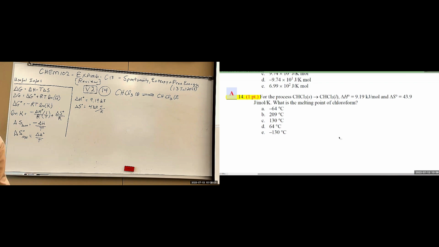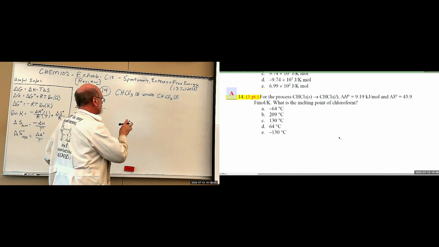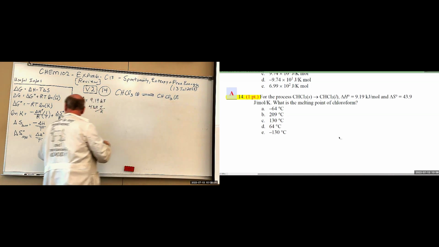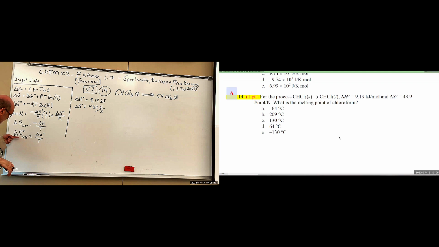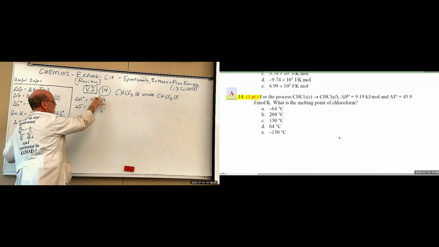Okay. Oh, we've done one of these before, right? If this is a melting point, it's at equilibrium, which means we're looking at the system here. And the system is going to be delta H0 over T. And these values are always relative to the system.